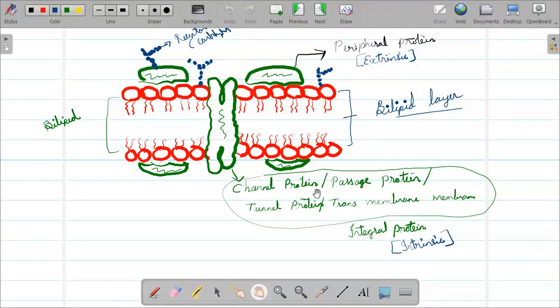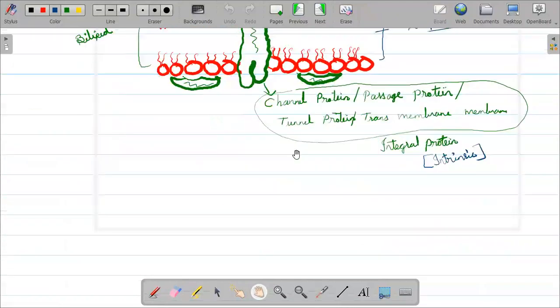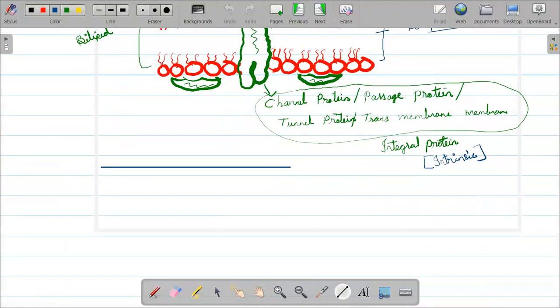Okay. Not only that, we have a lot of routes of entry. So I'll teach you about the routes of entry also. Nothing to worry. Okay, beta. Now listen here. I'll just draw a simplified diagram here. I'll use red color here. Just a single line is enough to show the membrane.